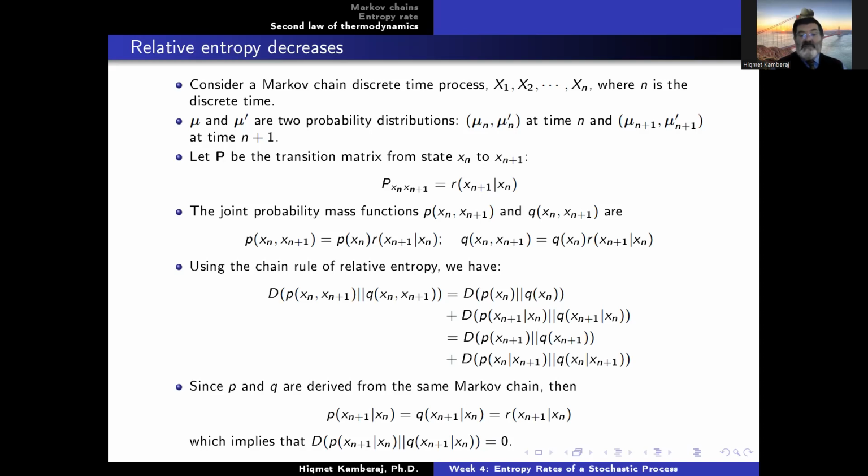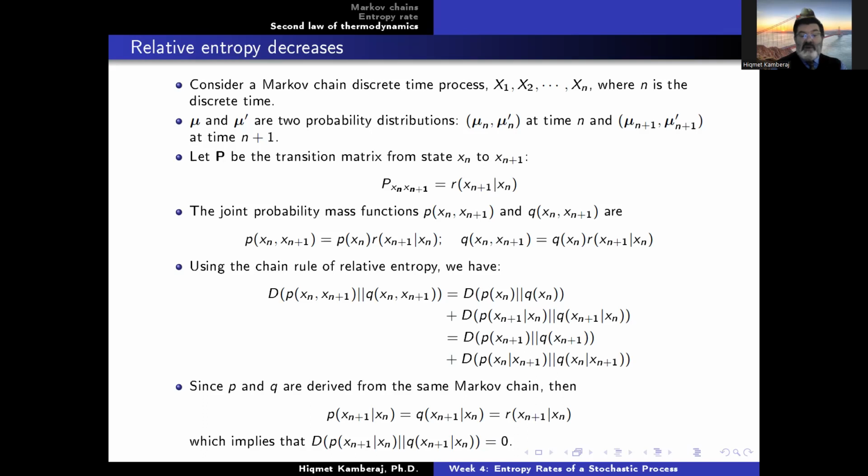Then the joint probability mass functions, P of xn and xn plus 1 and Q of xn and xn plus 1, are defined, based on probability and statistics, as P of xn times the conditional probability of xn plus 1 given xn, and Q of xn times R of xn plus 1 given xn.